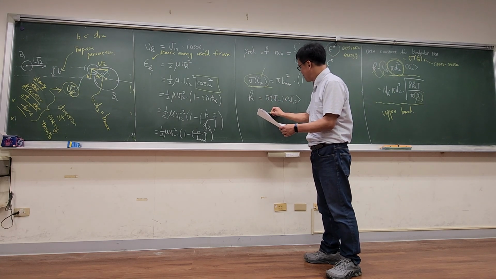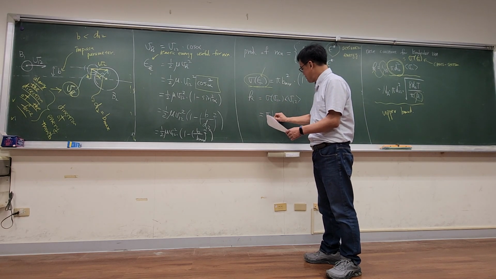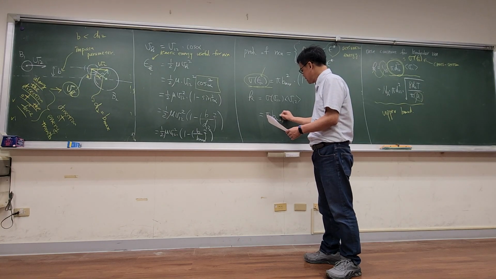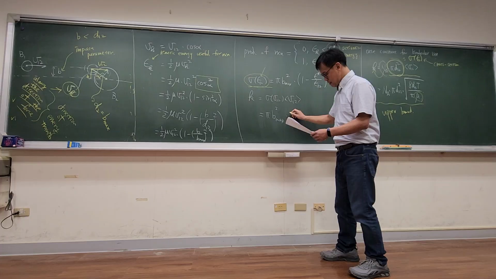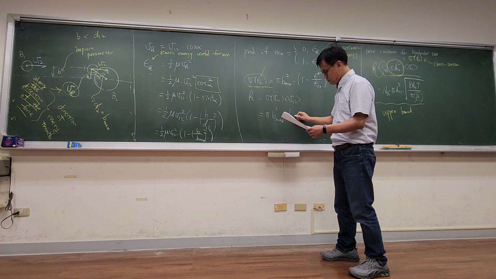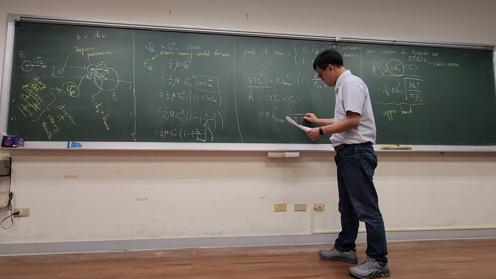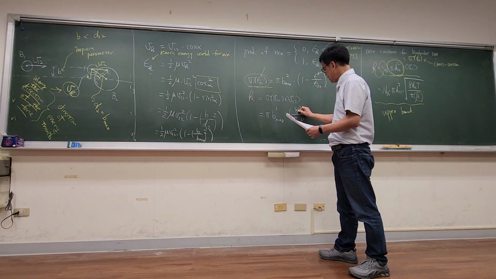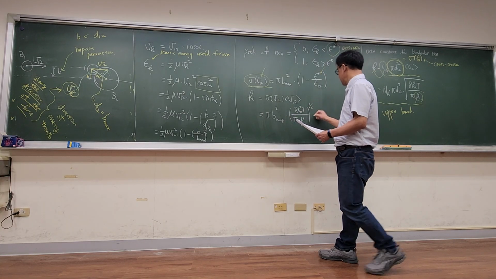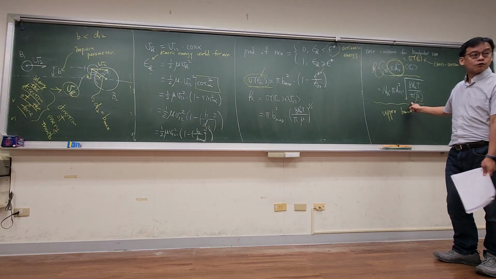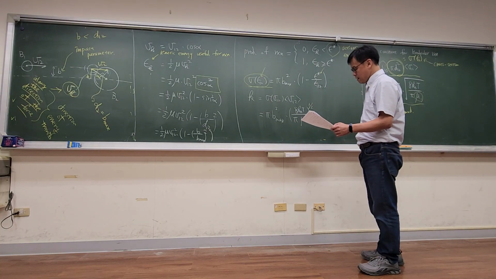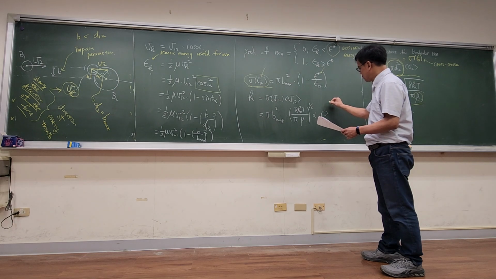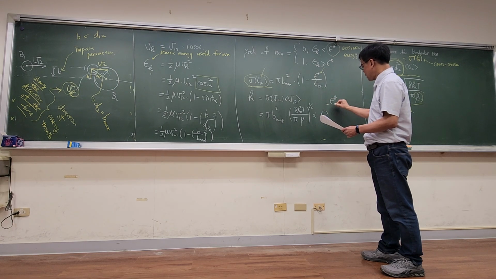That's pi v maximum square. It's actually the same here, but you have the average velocity. This one is actually, but then you have exponential minus epsilon star.